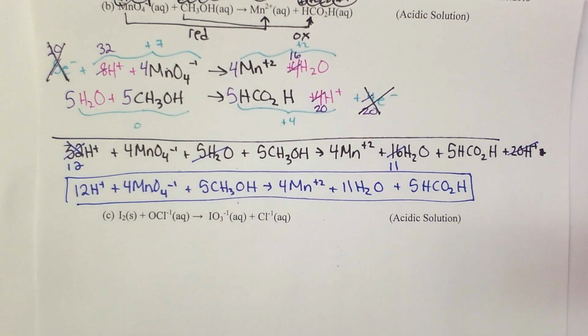And there's our balanced redox equation. When you're done, you can go through and make sure they're charge balanced and mass balanced. But generally, if you follow the steps and you are paying attention, you should be okay.